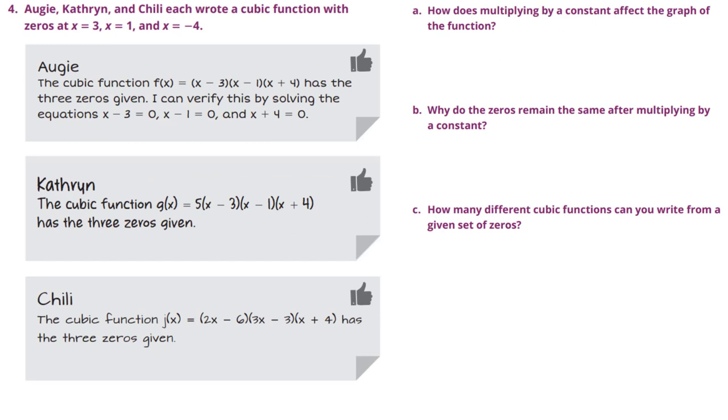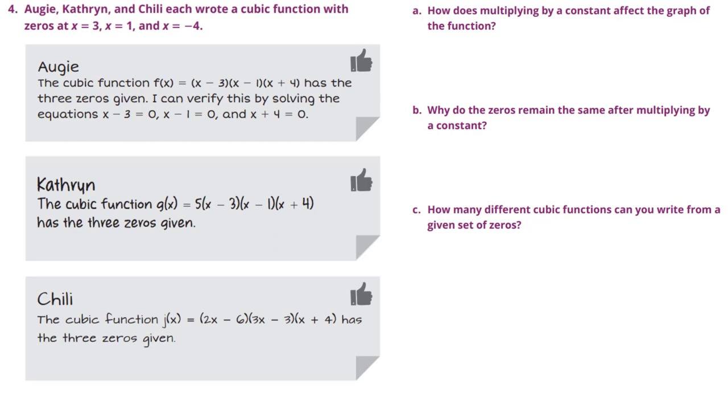Augie, Catherine, and Chili each wrote a cubic function with zeros at x equals 3, x equals 1, and x equals -4. Augie's was f of x equals (x minus 3)(x minus 1)(x plus 4). It has the 3 zeros, and you can check it by setting those factors equal to 0.